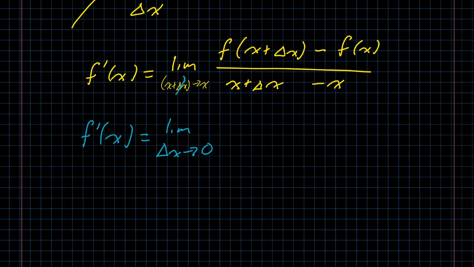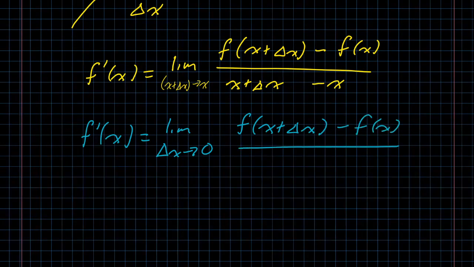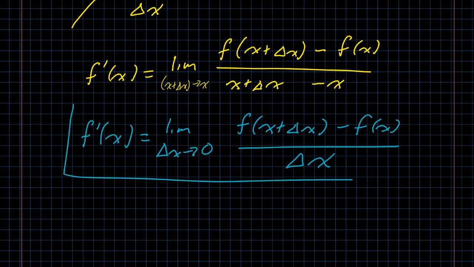So if you just make delta x 0, then you get x. Then in my ratio, x plus delta x minus x, the x's cancel each other out, and we are left with just delta x. So there is a second form of the derivative.